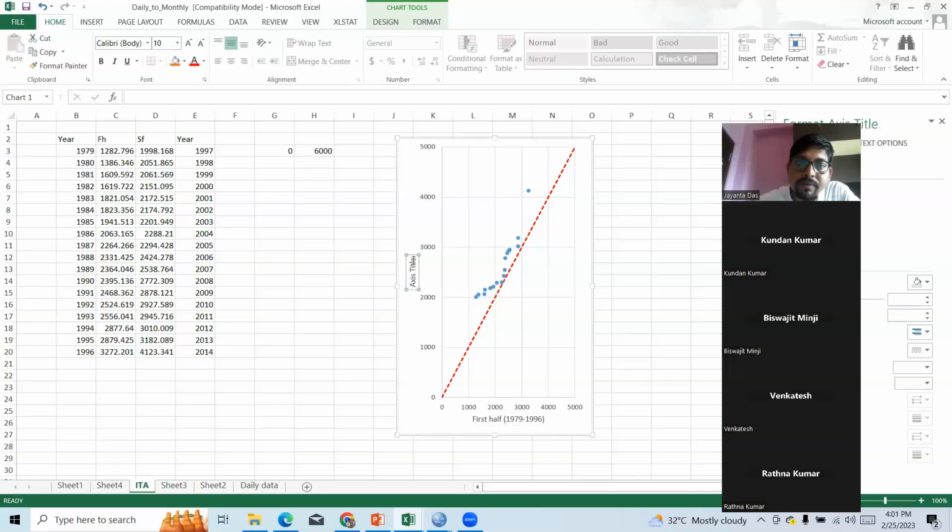And this is the second half, 1997 to 2014.